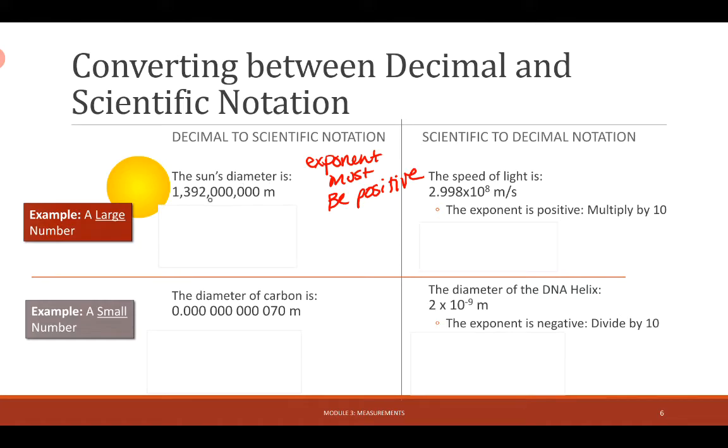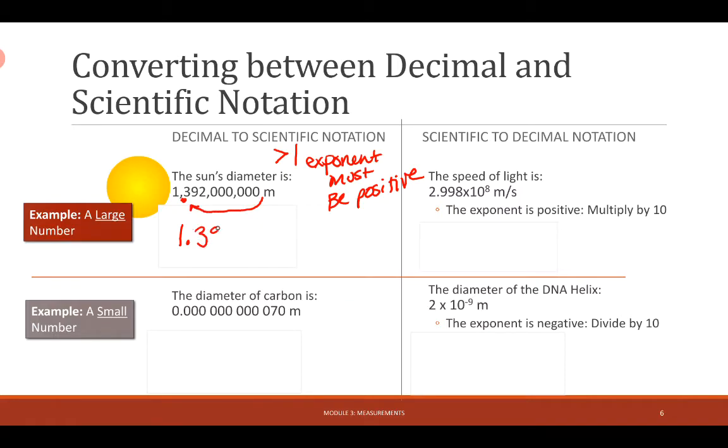The number is greater than 1, and so our exponent has to be positive. And so I can go ahead and write out the number. I'm going to have to move the decimal point from here to there.